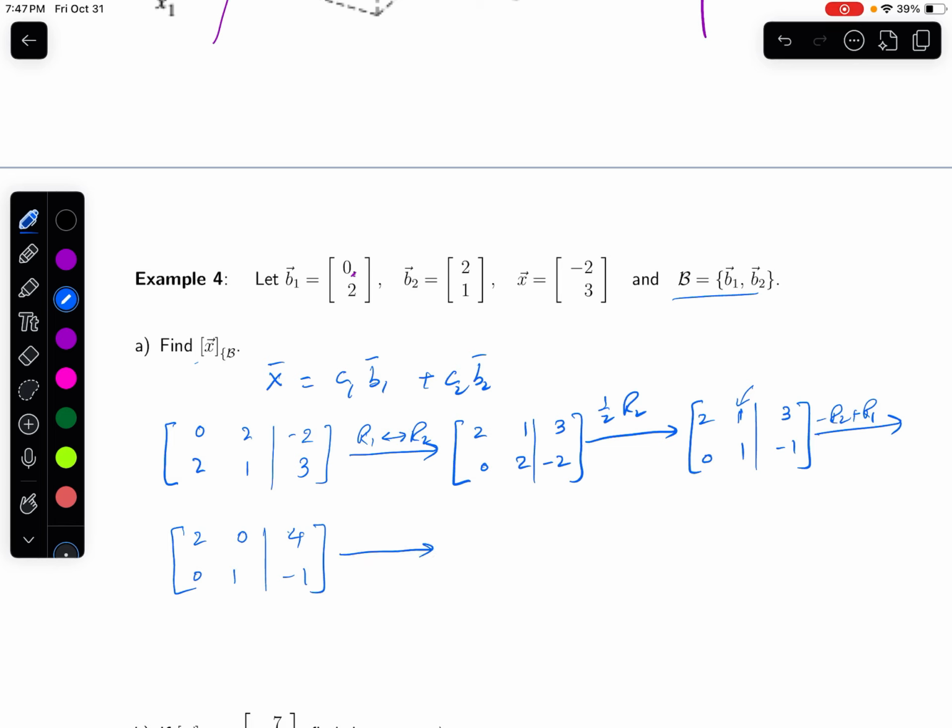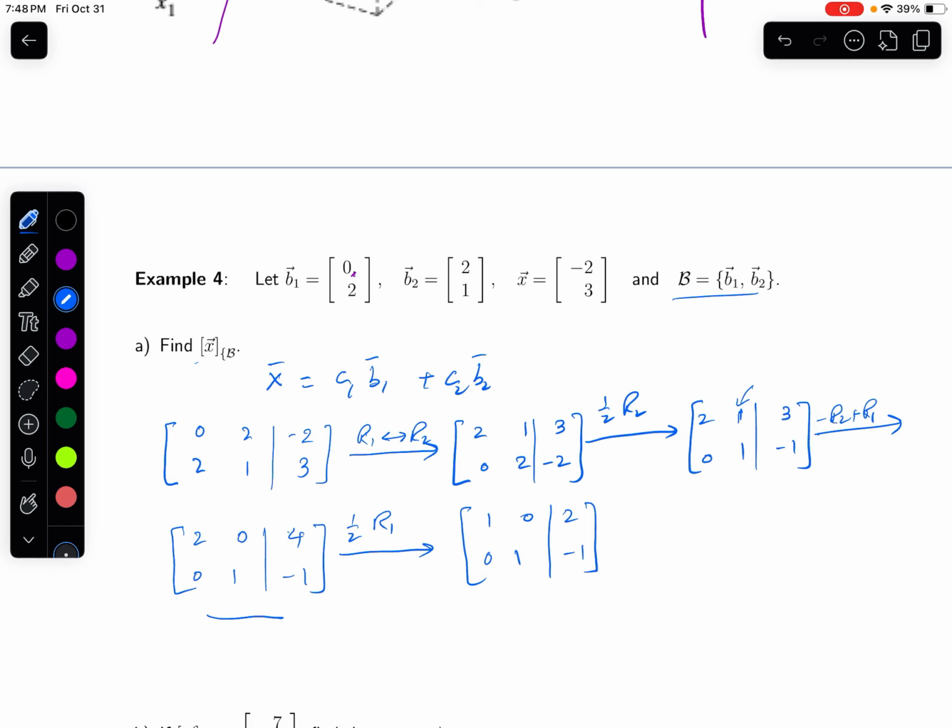Then I multiply the first row by 1/2. Well, you can go from here and just do the back substitution and get the answer. So I try to make sure that I have the row reduced echelon form.